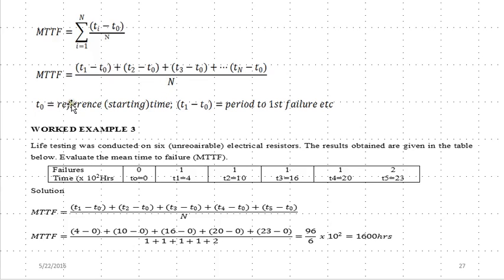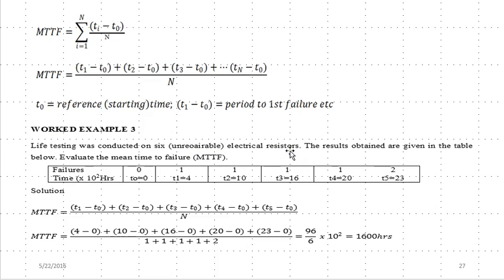Now T0 is my starting time, which is the reference time, and T1 minus T0 is the period for the first failure, T2 minus T0 for the second failure, up to n. To understand this clearly, let us look at worked example number 3, which said the life testing was conducted on 6 unrepairable electrical resistors.